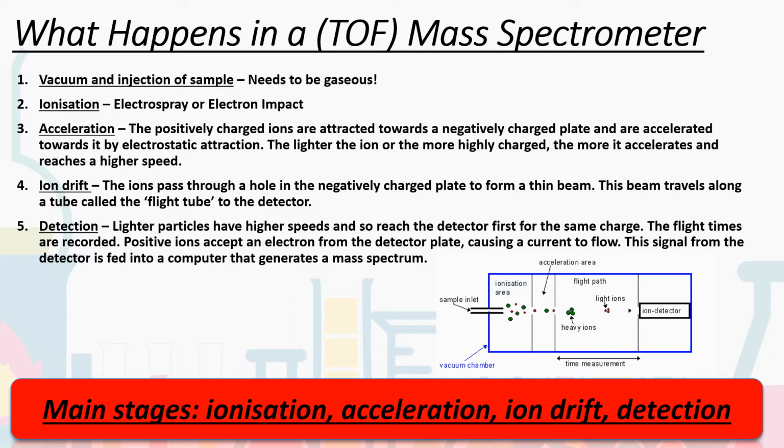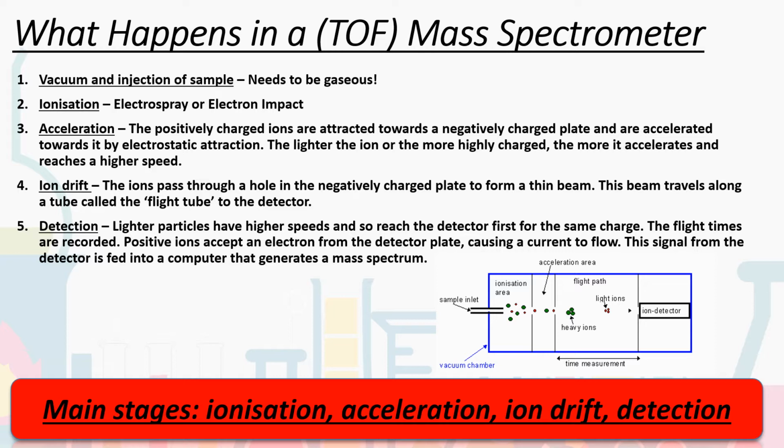But rather than being measured in terms of time, instead there's a magnetic field which will cause the ions to be deflected round this bend in the spectrometer. Again, we have this idea that the lighter the ion is, the more easily it can be bent around this bend. And so therefore we end up having the ions hit different places on the detector depending on their mass.